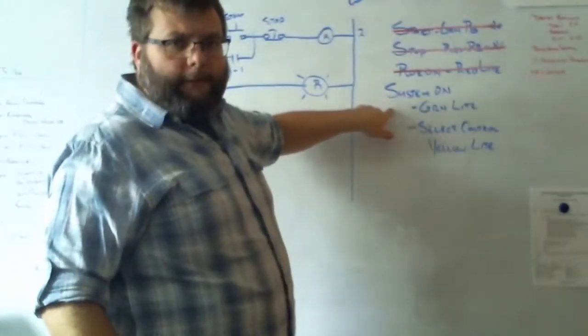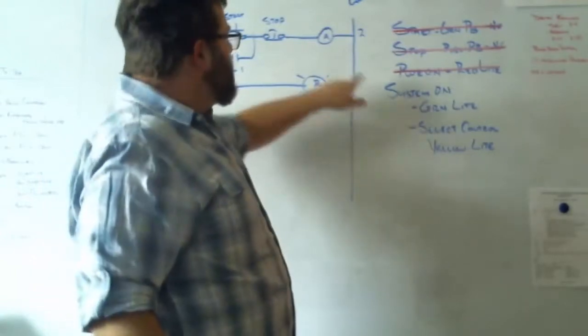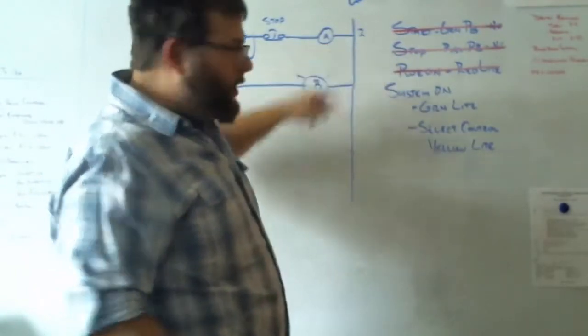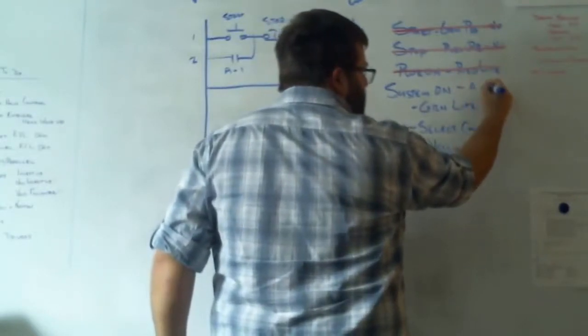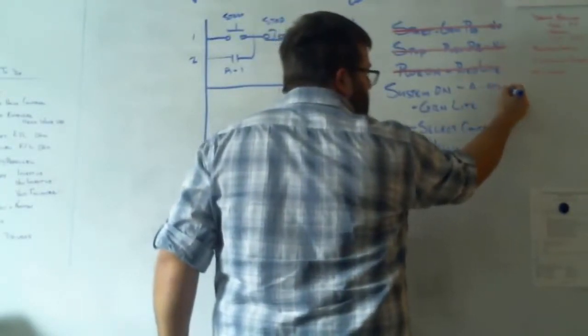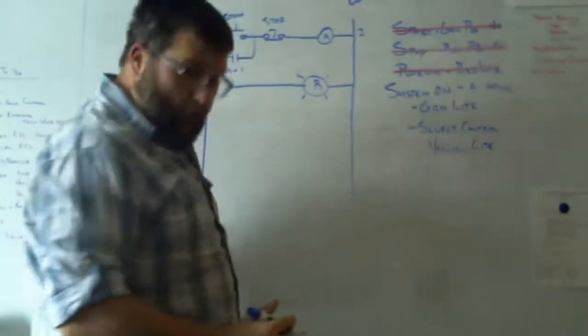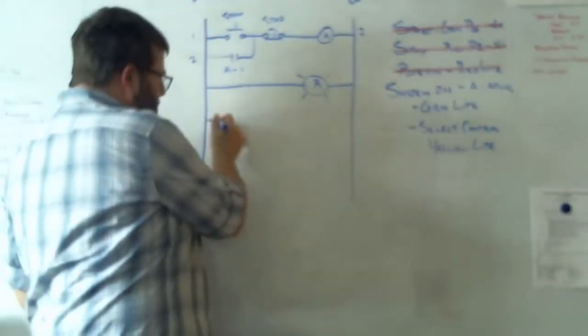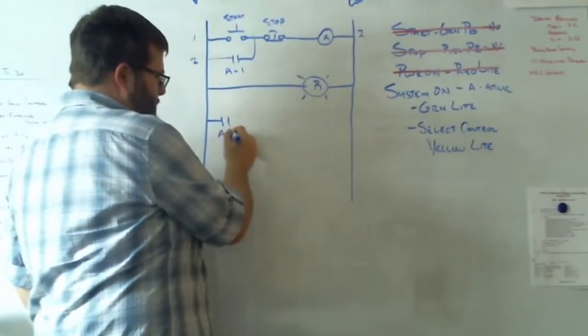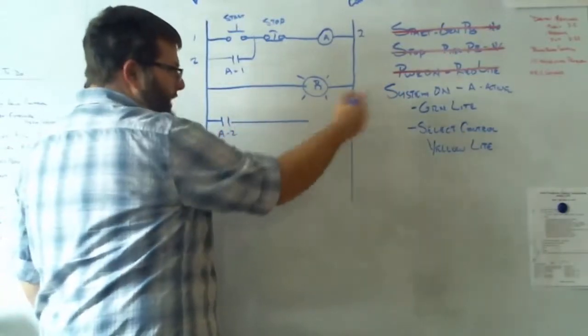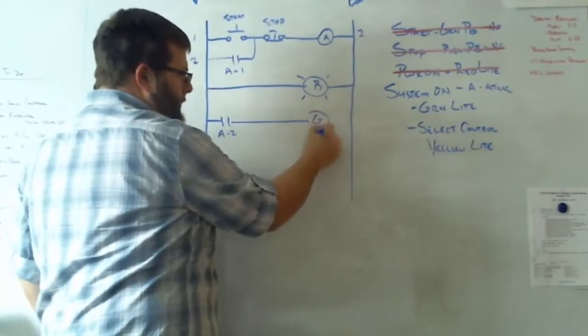System on. That means our relay is on. So this is basically A active. So a normally open contact, A-2, will drive the green light.